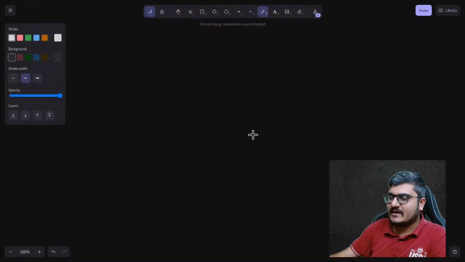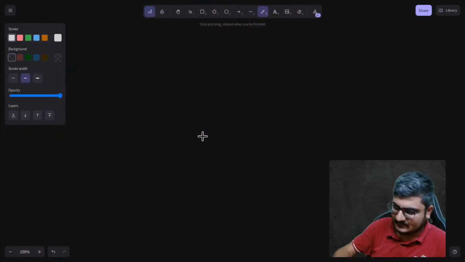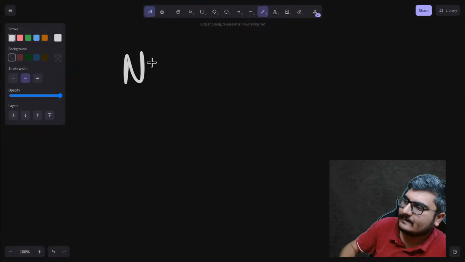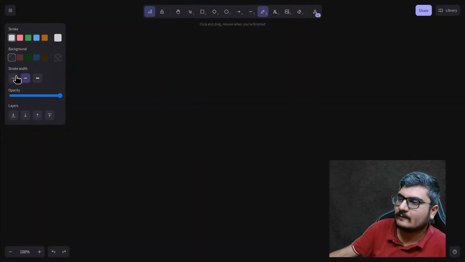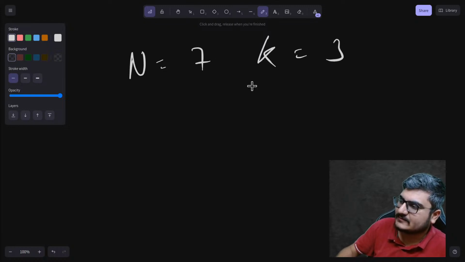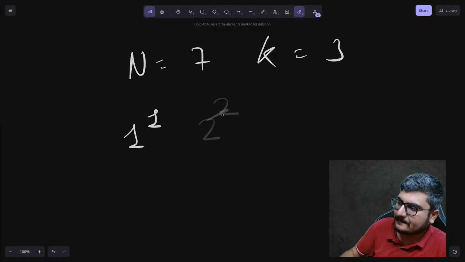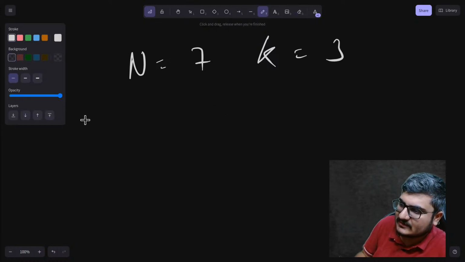So let's see what is happening over here. Let's just take the test case n equal to 7 and k equal to 3. On the first day, we will have 1 to the power 1 leaf. On the second day, new leaves would be added.